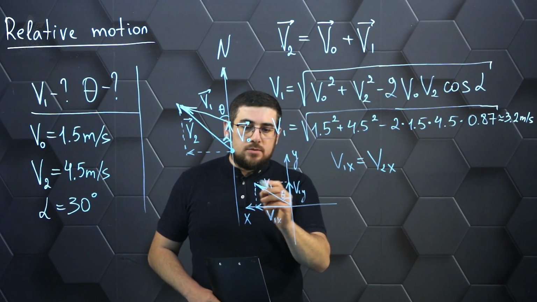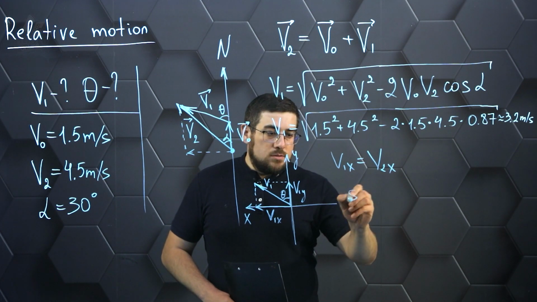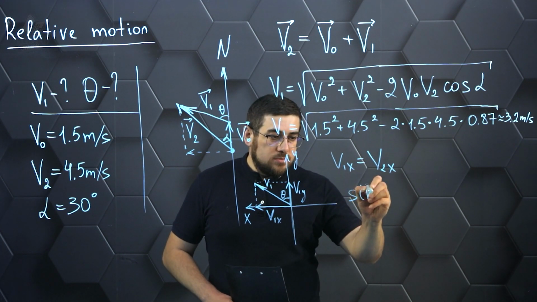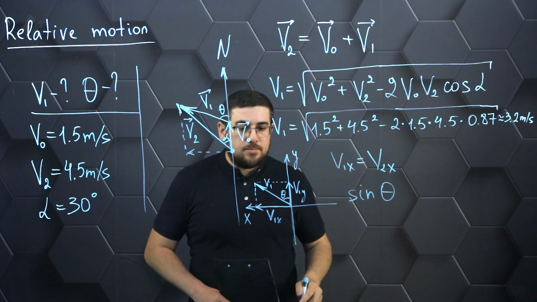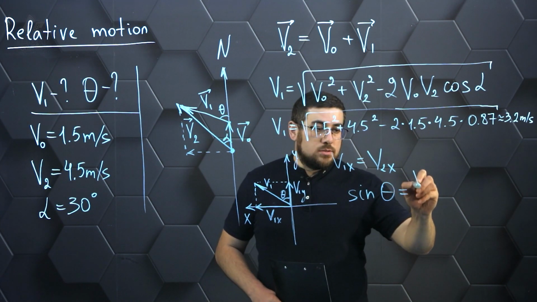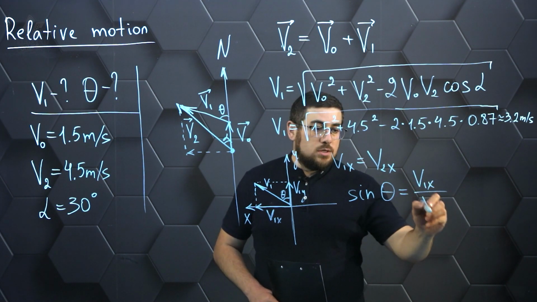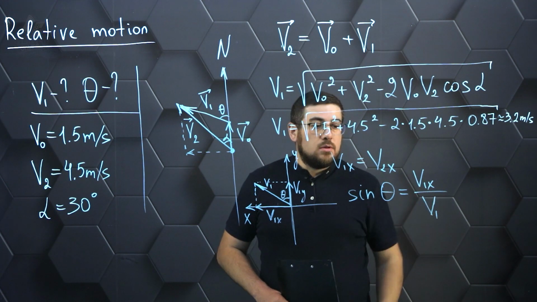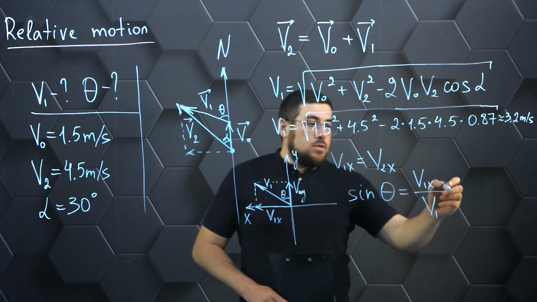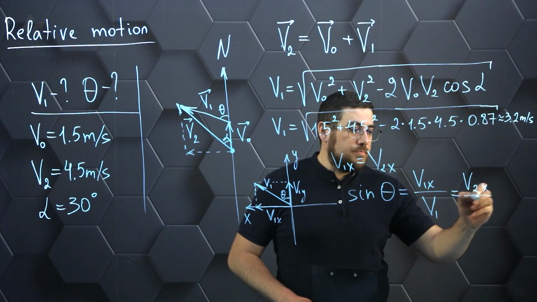These are the components just along the x-axis, and this connection allows us to write the sine of the angle θ. Write down this ratio, i.e. the v1x component as the opposite cathetus, divided by the velocity v1 itself. Or instead of v1x, we substitute v2x, and they are equal to each other.